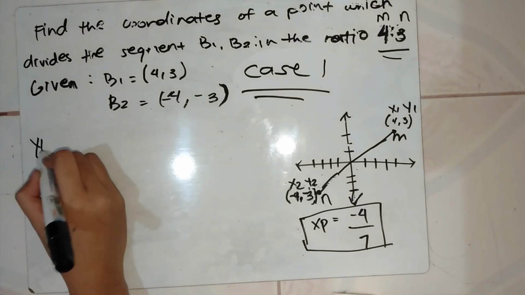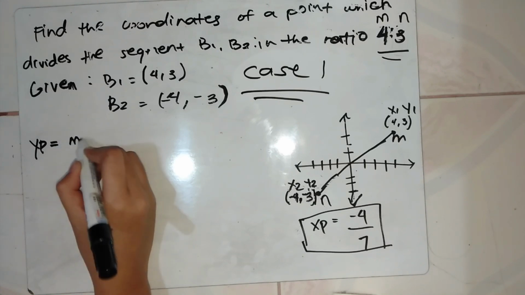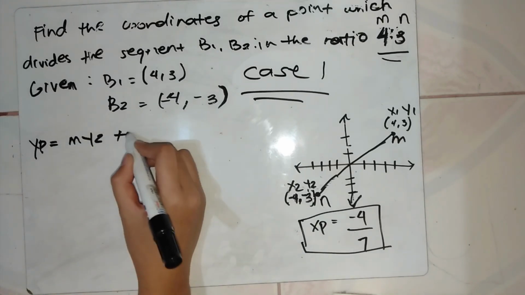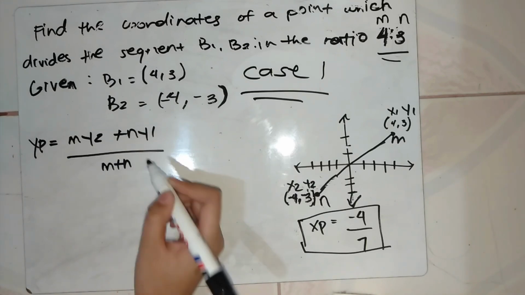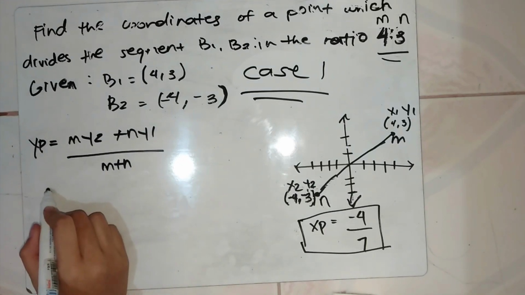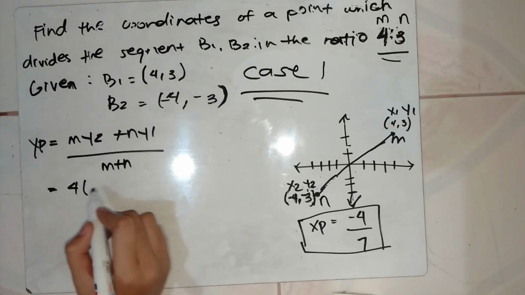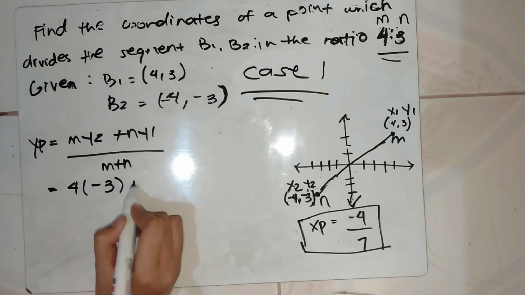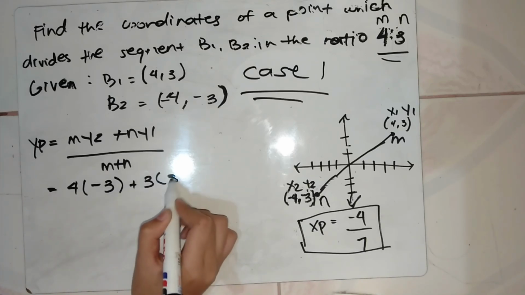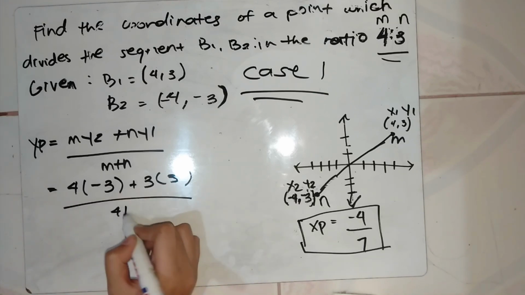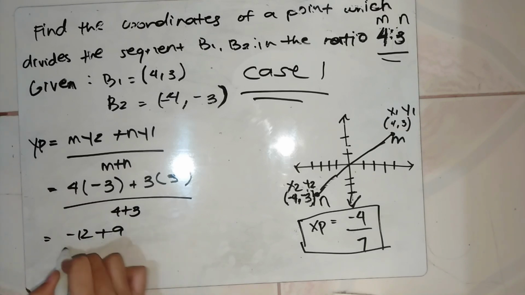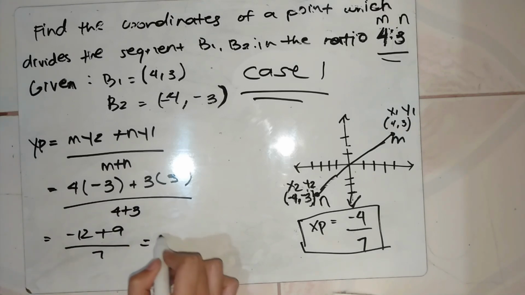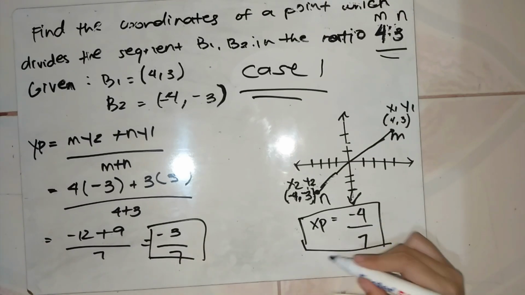Y sub p is equal to m y sub 2 plus n y sub 1 over m plus n. Y sub p is equal to 4 multiplied by negative 3 plus 3 multiplied by 3 over 4 plus 3, which is negative 12 plus 9 over 7, equal to negative 3 over 7. Our y sub p is negative 3 over 7.